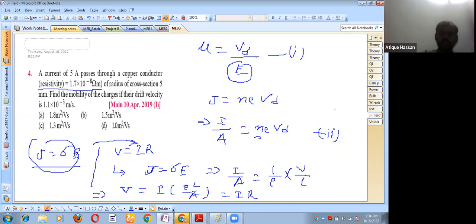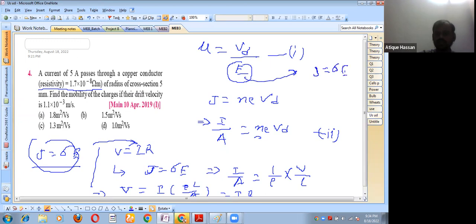So to find the electric field, we have to use the formula J is equal to sigma E, and J is equal to I upon A. Area is given, current is given, and sigma is 1 by resistivity. So from here we can find the electric field. Put the given values of I, A, and rho in the expression, and after finding this electric field, put it in this equation.